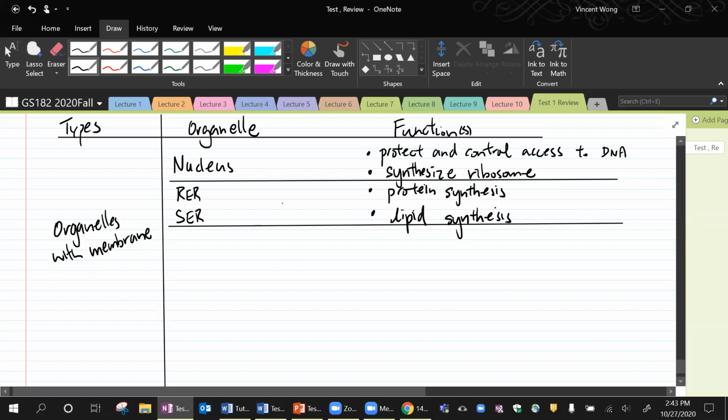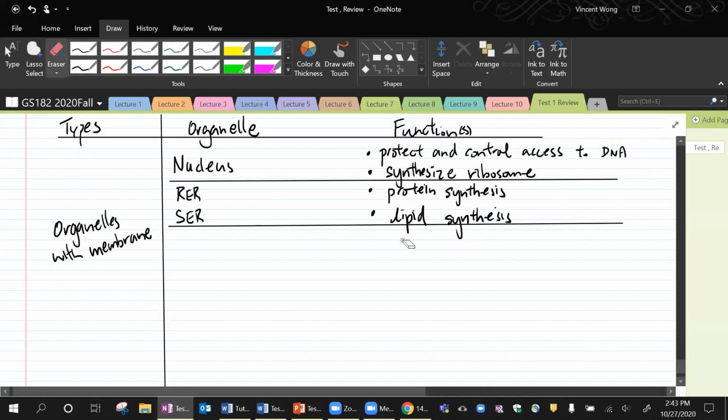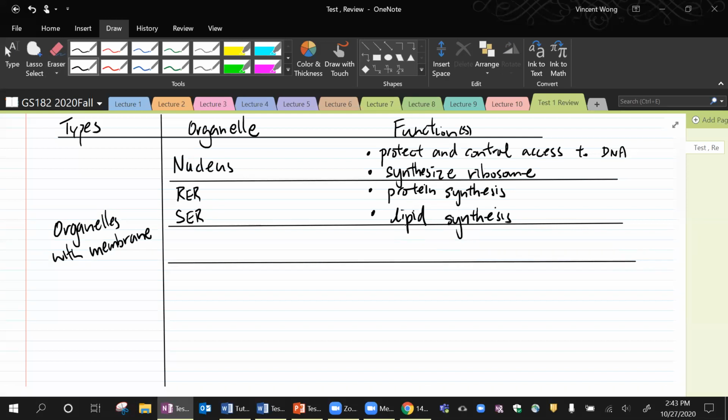So there were a lot of questions on quiz 2 about if a cell has a lot of whatever, what is the likely function. That deals with a lot of these. It's basically asking you the function of the organelles. So if you have a lot of smooth ER, then the cell is likely to be making a lot of lipids. I think the question was about a cell that is making a lot of steroid hormones, so you would expect it to have a lot of what?